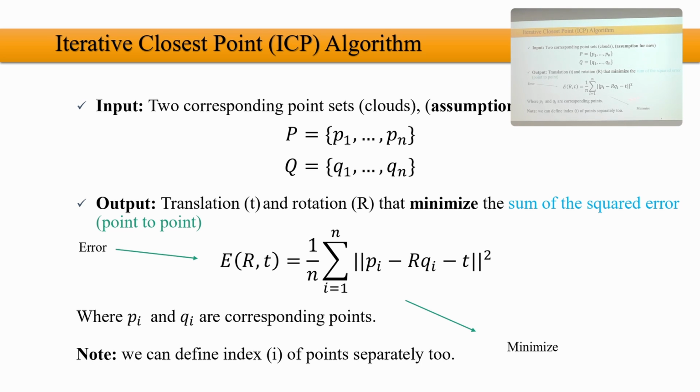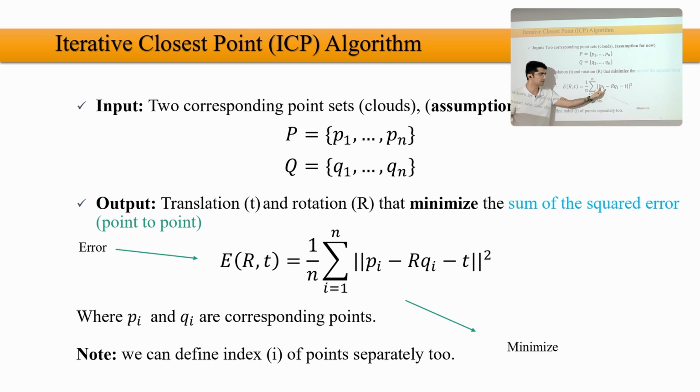So how can we represent this in equation form? We can say the error of the rotation and translation is equal to 1 over n times the sum of the squared Euclidean distance of these points, considering the rotation too. When we write it in this form, in math we write it to the power of 2, which means the square of the distances between each of the identical points, which have translation and rotation.